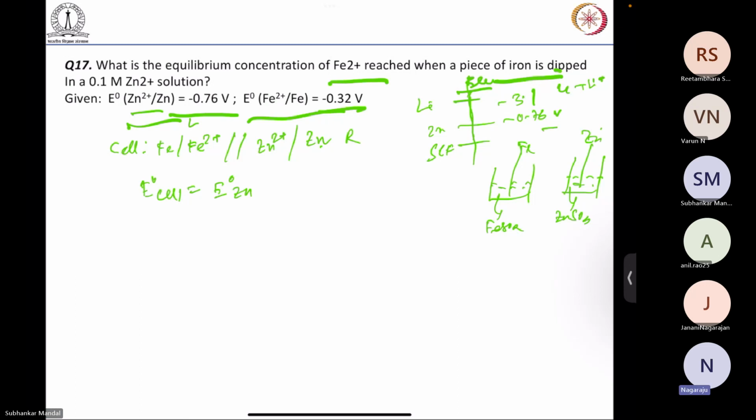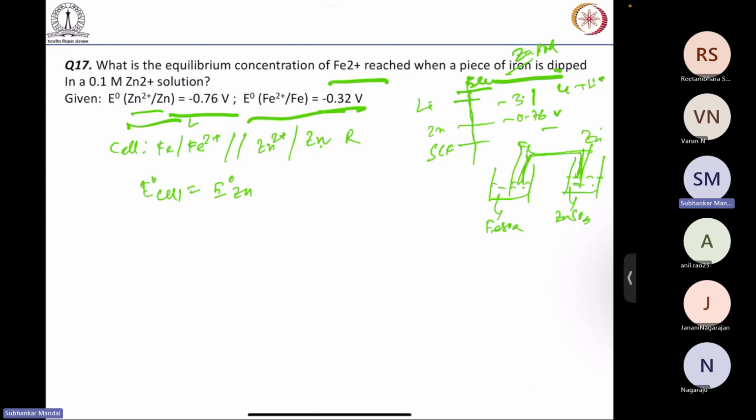Yes, that's correct, sir. And it is connected to the salt bridge. Yeah, now I think it is okay.